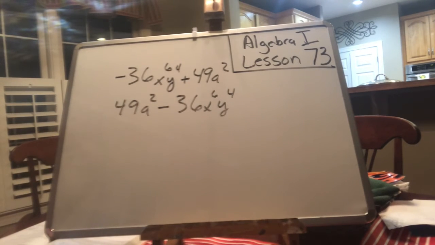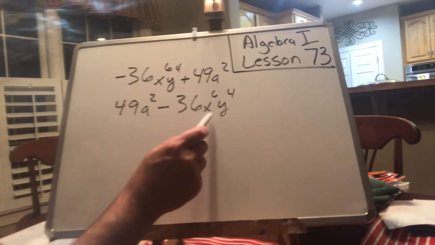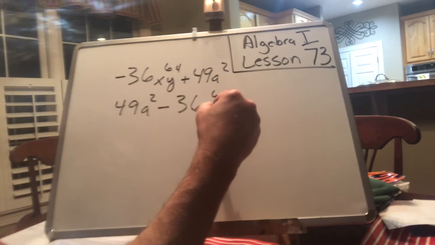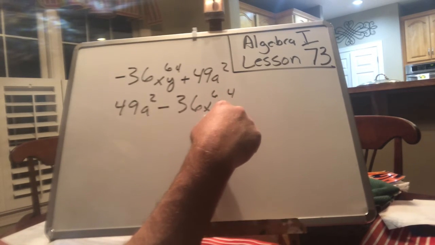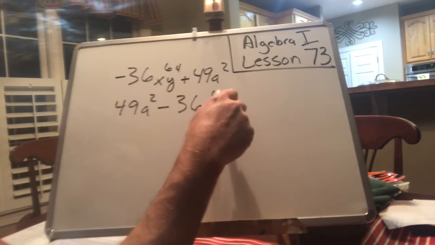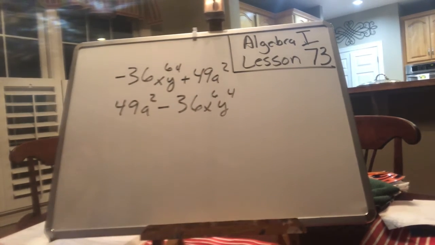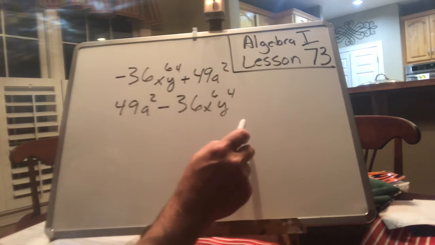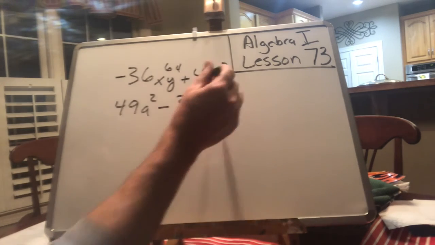Now we know if we multiply the same variable that has exponents, we're going to be adding the exponents. For example, x to the 6 would be x to the 3 times x to the 3; we would be adding exponents to get x to the 6.